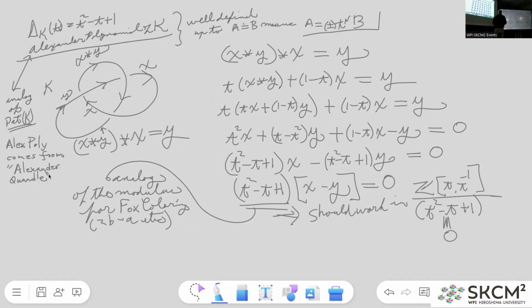And the Alexander quantum is the one I just told you about. A star B is TA plus 1 minus T B and A sharp B is T inverse A plus 1 minus T inverse B. There are many ways to think about the Alexander polynomial, of which this is only one, but this is a good one for doing some experiments.